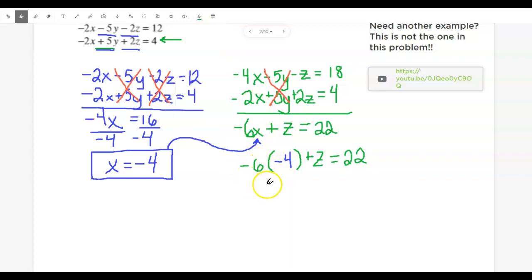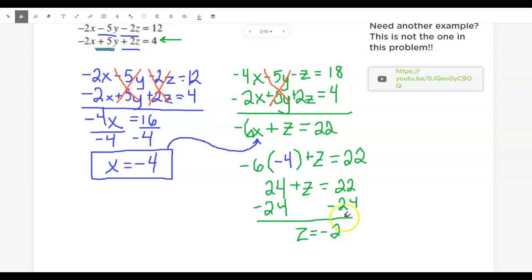Negative 6 times negative 4 is positive 24. So we have 24 plus z equals 22. Subtract 24 from both sides. And z equals negative 2. So now we have two of our variables.